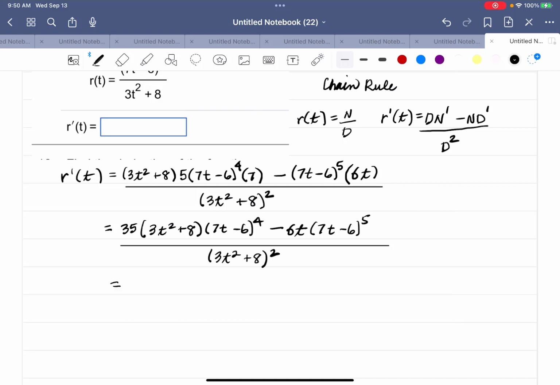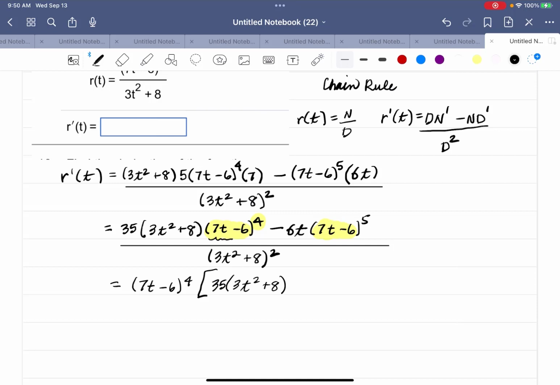Now I need to factor out common factors from the numerator. And just looking at this, the only thing they have in common is a 7t minus 6, and you have to take out the lowest power, so the 4th power. All the rest of that, there's nothing left in common for those. So I'm going to take out a 7t minus 6 to the 4th. Then I'm going to use a bracket because there'll be some parentheses in here that I have to clean up. 35 times 3t squared plus 8.